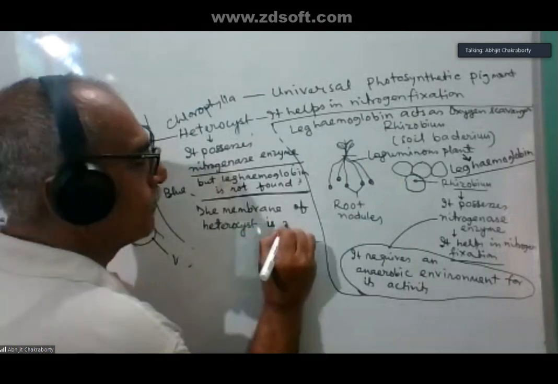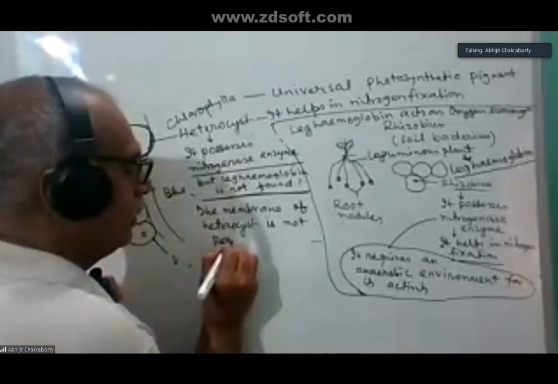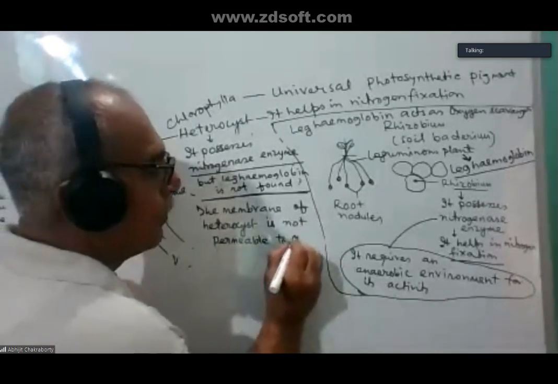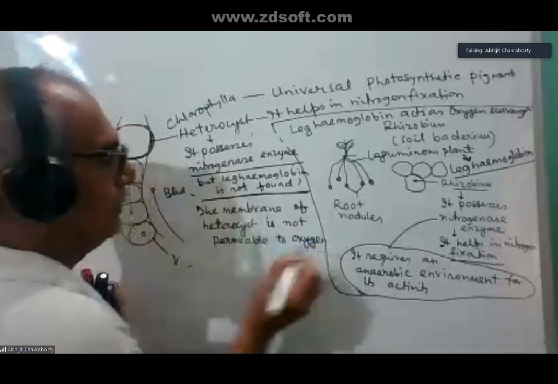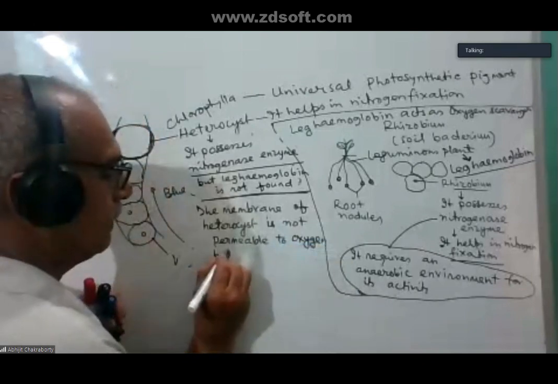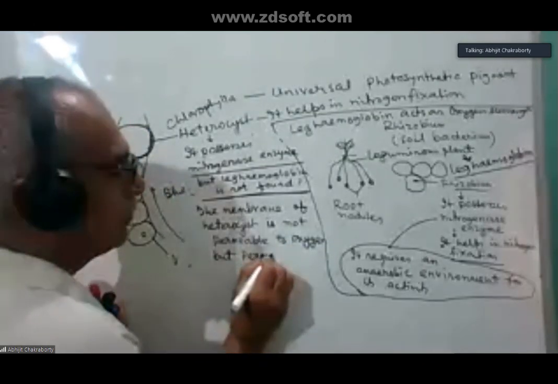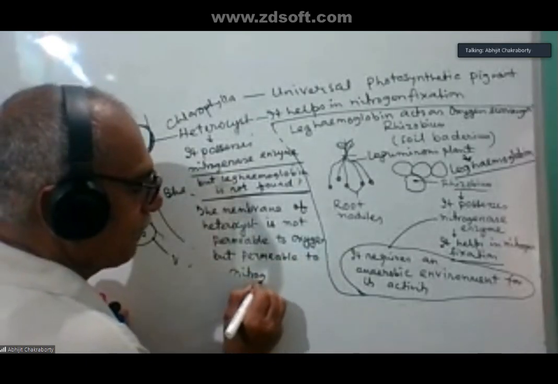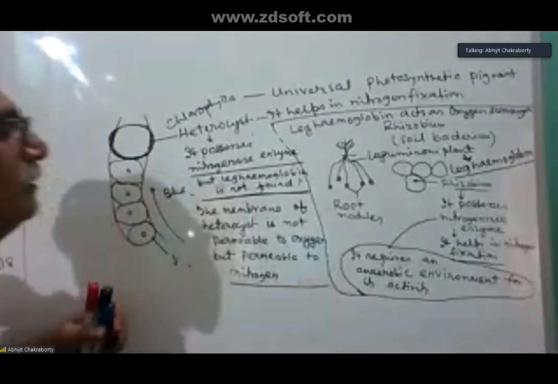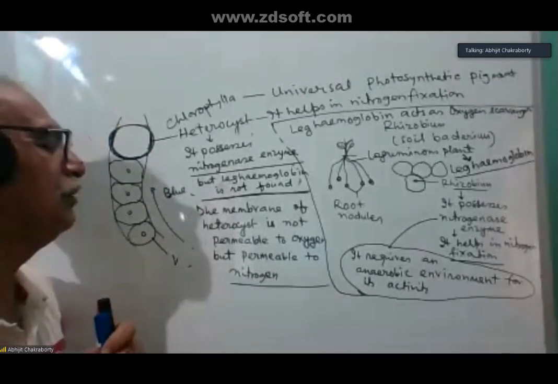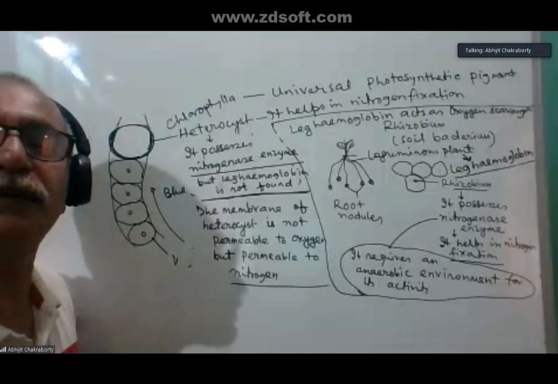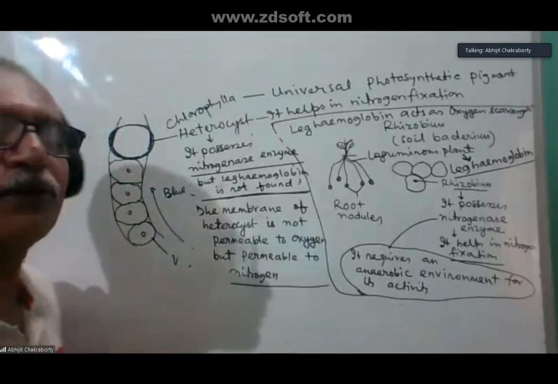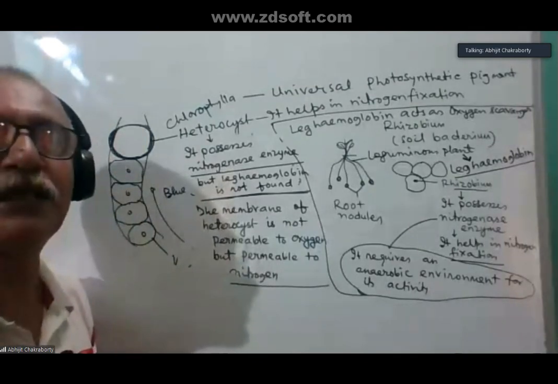The membrane of heterocyst is not permeable to oxygen but permeable to nitrogen, and in this way an anaerobic condition can be developed inside the heterocyst.